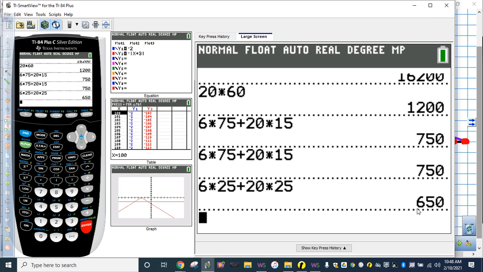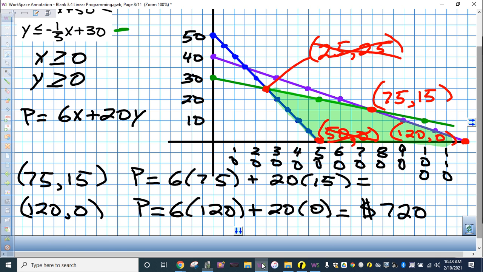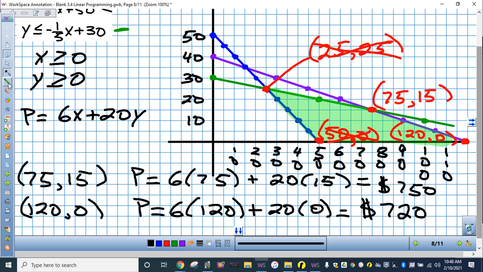So 6 times, oh no, that's the one I wanted here. So 750. 6 times 75 and 20 times 15 equals 750. So, this is the one I want. It maximizes my profit at 750.